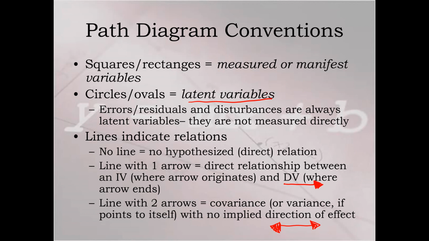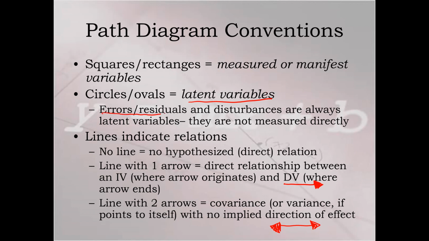So even if you don't see a circle with an E pointing to it, you have to know that this is an endogenous variable, which means it has an error term, which is a latent variable. Therefore, there's X number of latent variables in this diagram. So that's something you all need to keep in the back of your mind, because we will be dealing with that once we get to the lab. Yeah, it's kind of a tricky point.